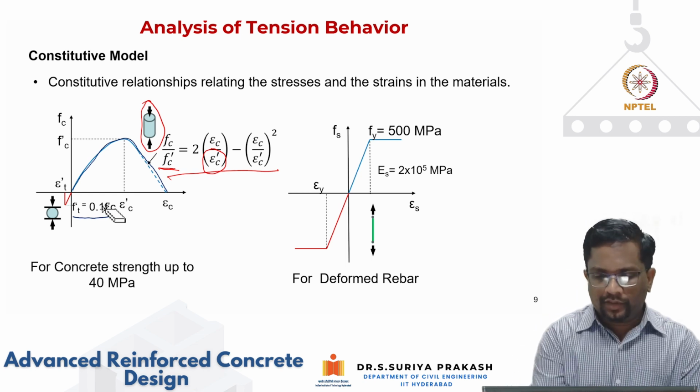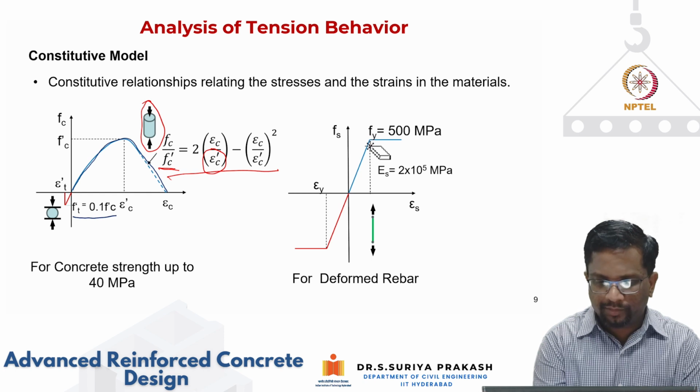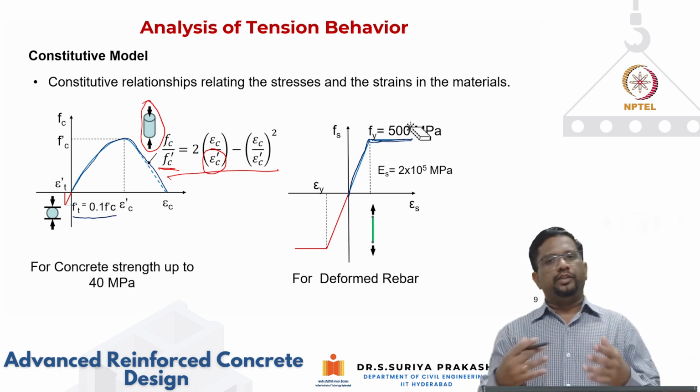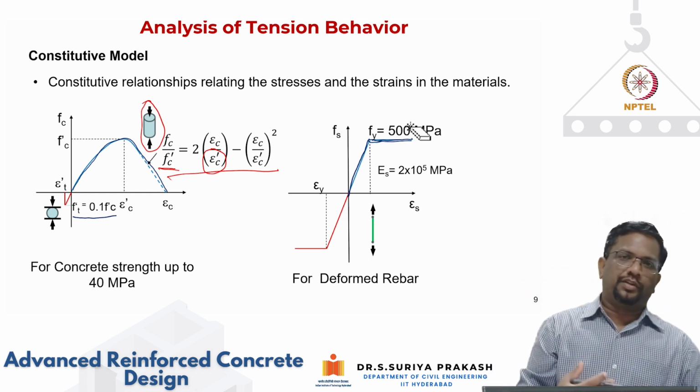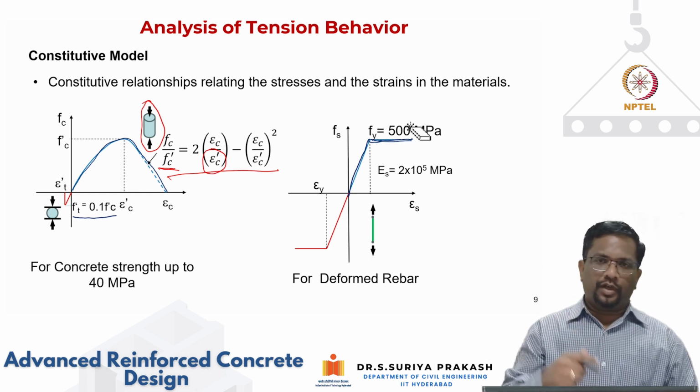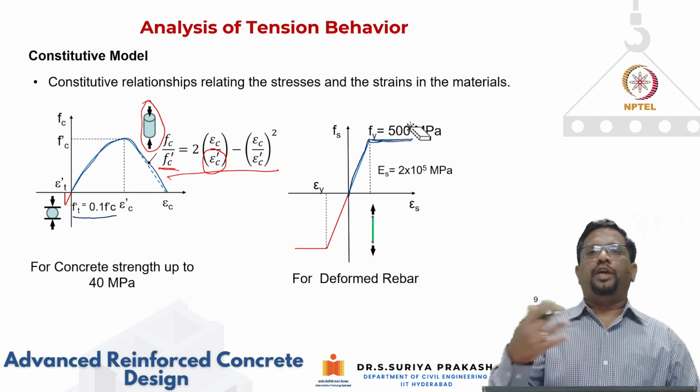So that is why this kind of bilinear relationship is reasonably good for calculating the capacities. Okay, unless we are doing some experiment where we want to predict the capacities exactly, then we have to test the rebar and get the stress-strain relationship and use it.